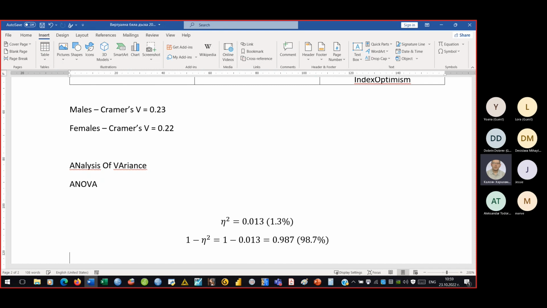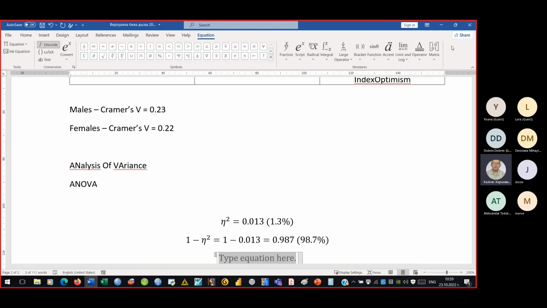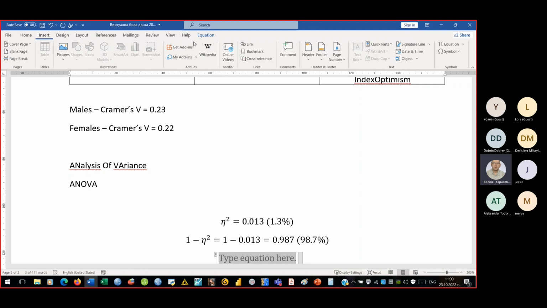Of course, here we can calculate also correlation ratio. This is eta. This is square root of eta squared.